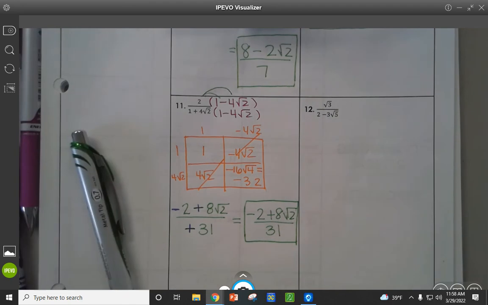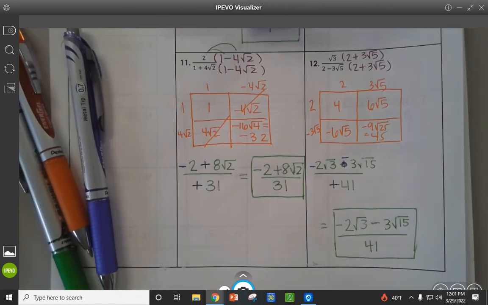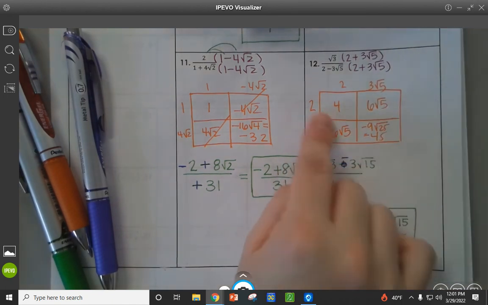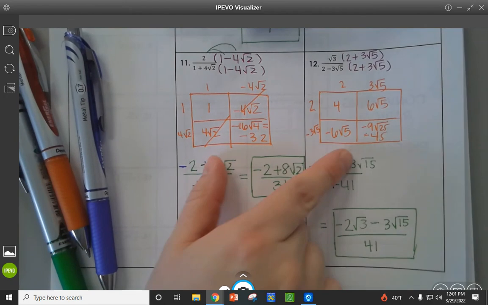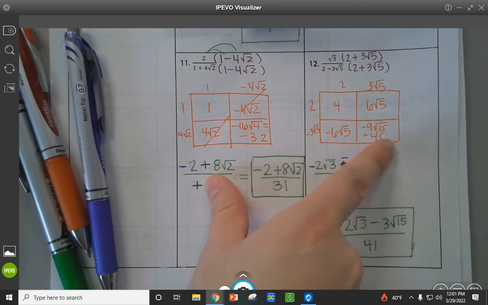One more question. Try number 12 on your own. You should have multiplied by 2 plus 3 square root of 5. And so I went ahead and did the bottom, the denominator. So the only terms that I'll end up having are 4 and negative 45.